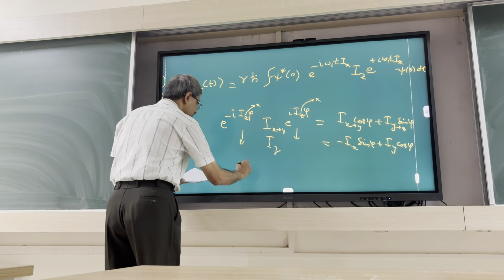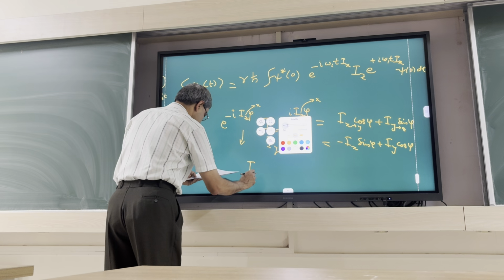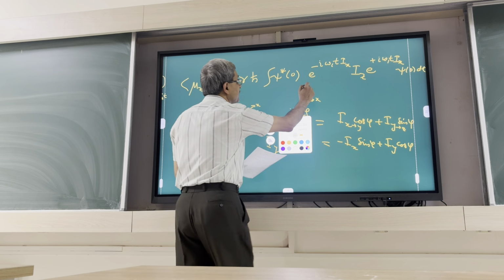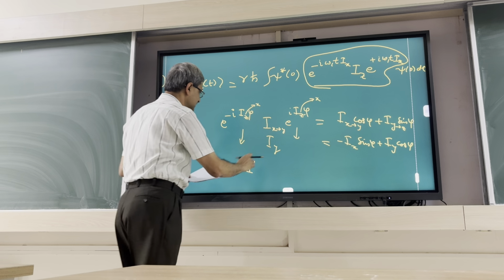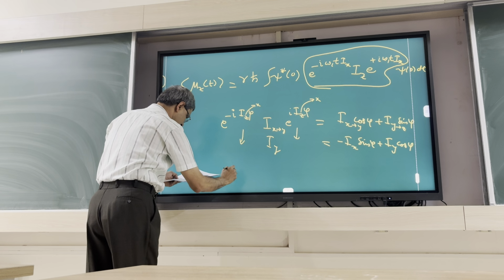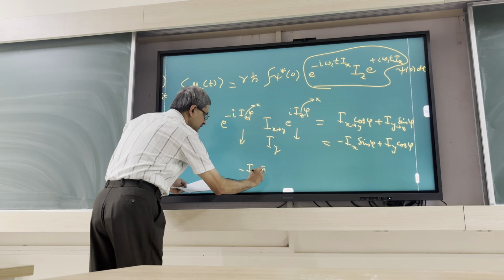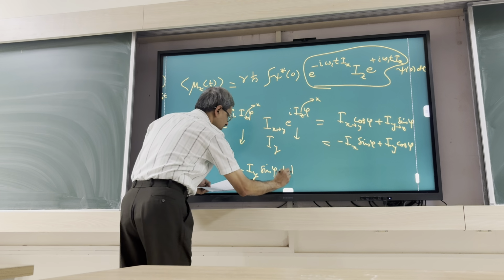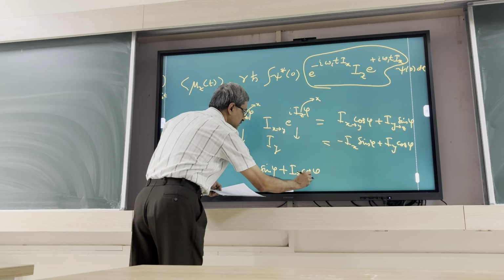If you just do that, this thing you want is the rotation about the x-axis. So that quantity is minus Iy sine phi plus Iz cosine phi.